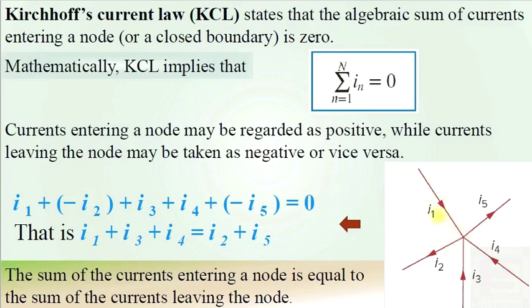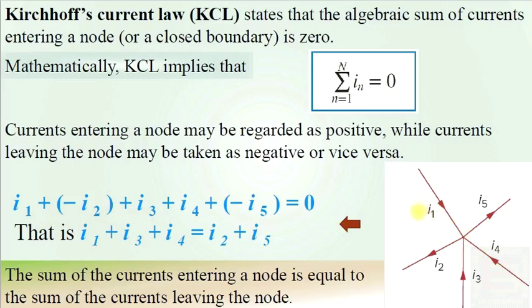But algebraically, if you add these currents, it will be equal to 0. In this case, if you assume current flowing into the node is positive and current flowing out of the node is negative, you can formulate the equation. Here you can see that I1 is the current flowing into the node. Similar is the case with I4.